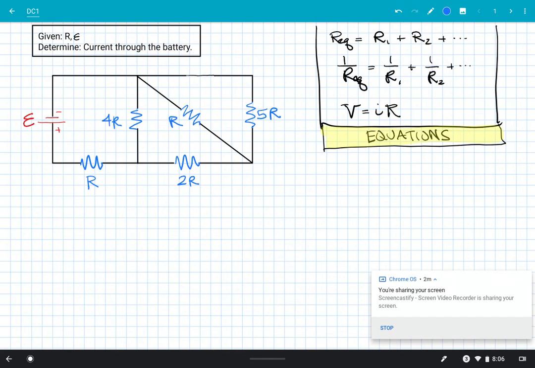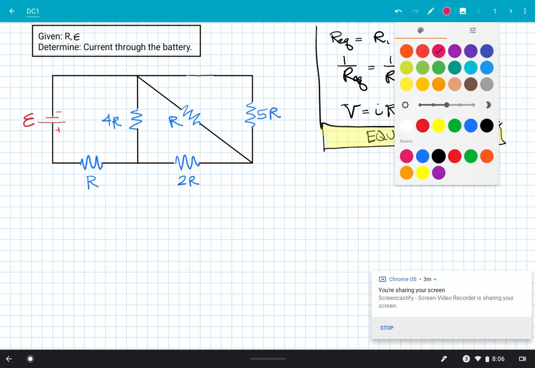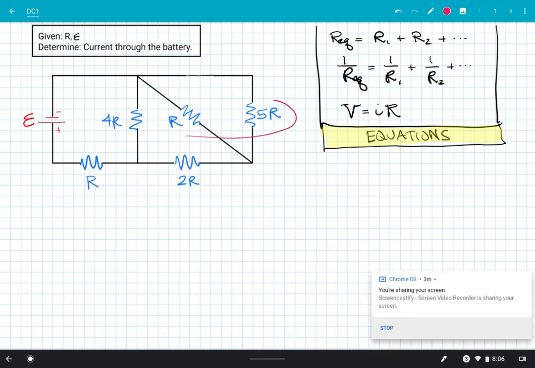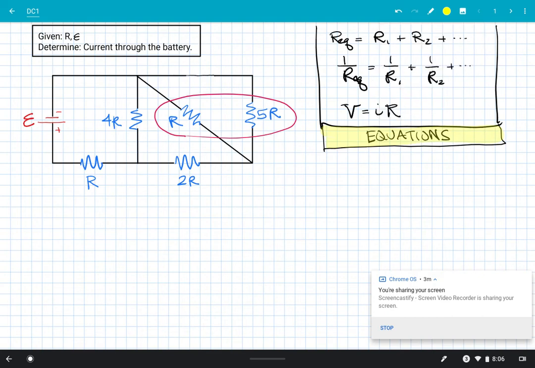Now I need to look and see, what could I do next? I see that I don't have any series here, but I do have a parallel relationship. These two here are in parallel. Parallel means same potential difference, right? A way that I can know that these are the same potential difference is that on the top side here, they're connected to the same wire, and actually this wire goes all the way over there.